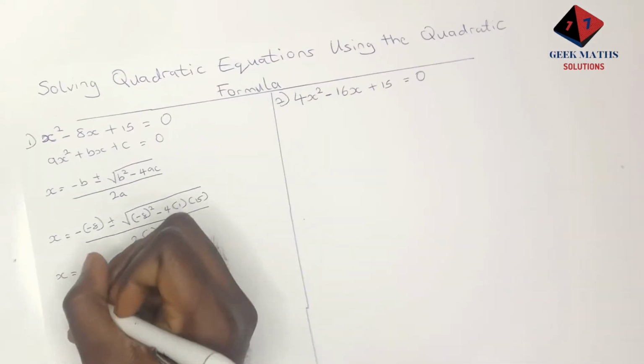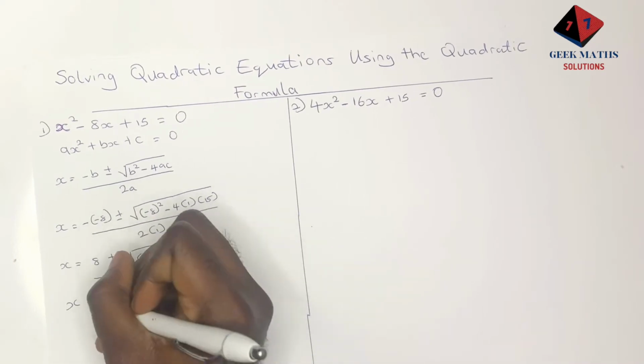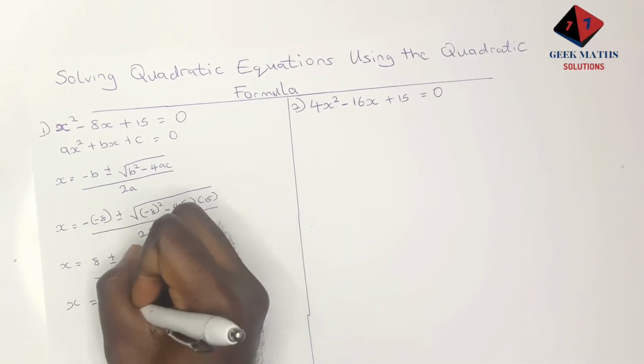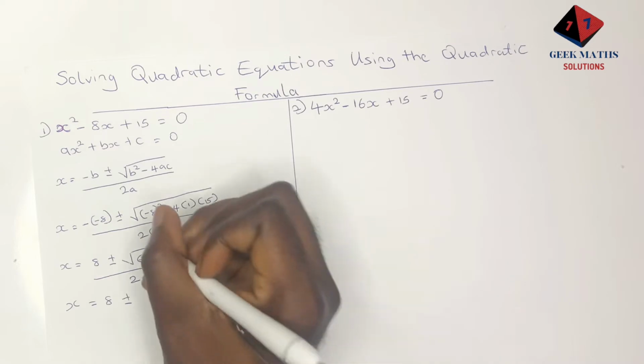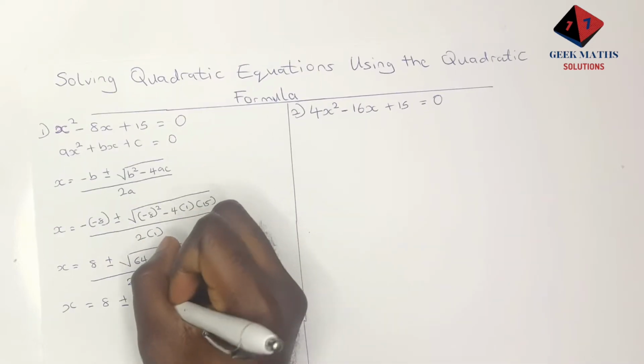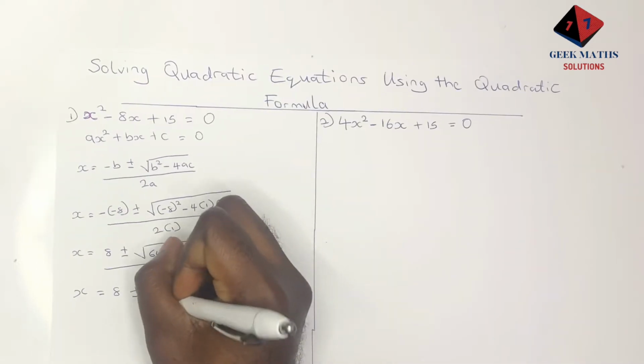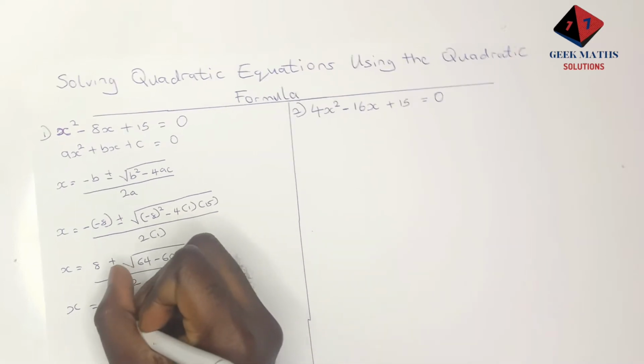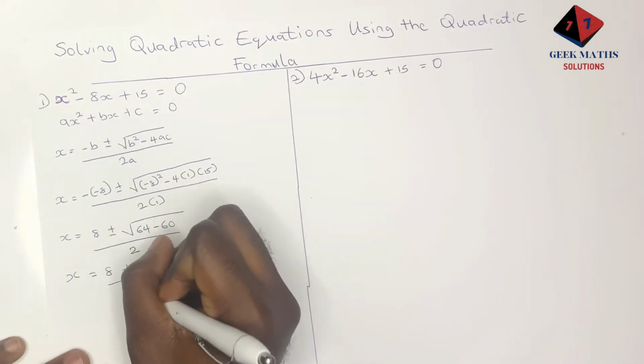So x will be 8 plus or minus, 64 minus 60 is 4, the square root of 4, divided by 2.